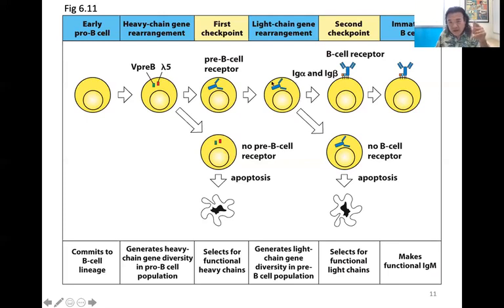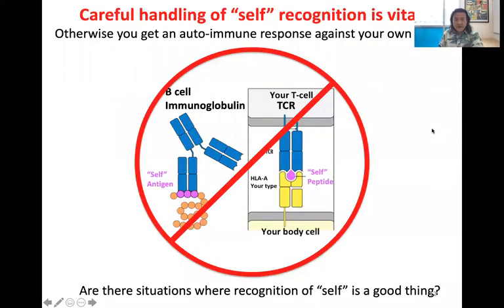But moving on, if you have the pre-B cell receptor made of just heavy chains, then the second checkpoint would be you try to make the light chains, right? And again, if you can't do it and the light chains don't appear, then the cell undergoes apoptosis. But if it does work and you assemble a functional IgM, now you have your immature B cell at the end of this process. Right, so I said, why is it still considered immature?